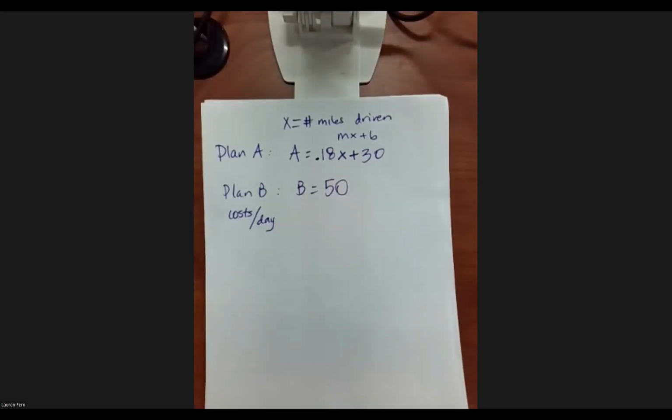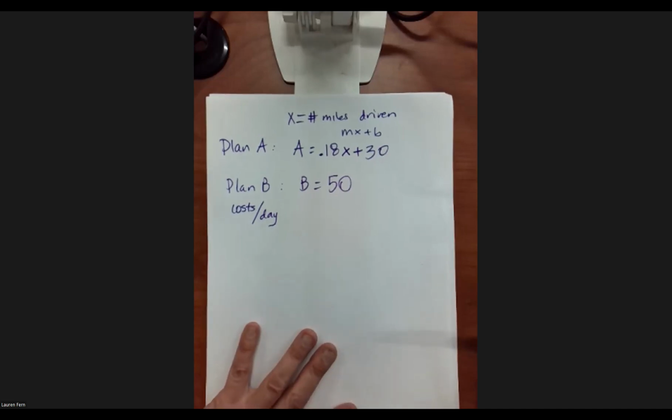All right, so how would we figure out the number of miles we would need to go in order to make plan B be a better value? It's where the lines intersect. Okay, but I don't feel like graphing these lines.